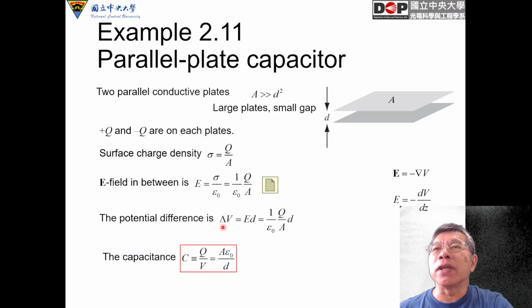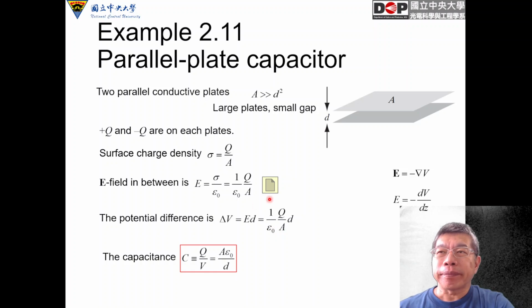So the potential difference is just the electric field times the distance, because the electric field is the gradient of the potential. Here it is uniform, so we just multiply by the separation. And by definition, the capacitance is charge divided by the potential difference.